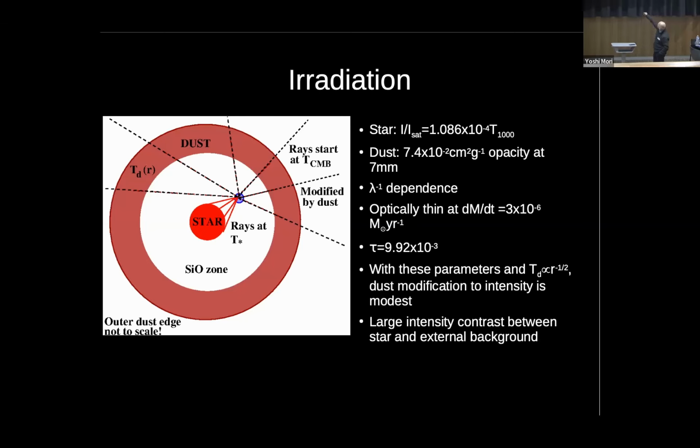And so you have the CMB, which is modified by dust from the rest of the solid angle, converging on each node of the domain cloud. And the point, I guess, is a big contrast between the bright stellar rays and the weaker background rays.